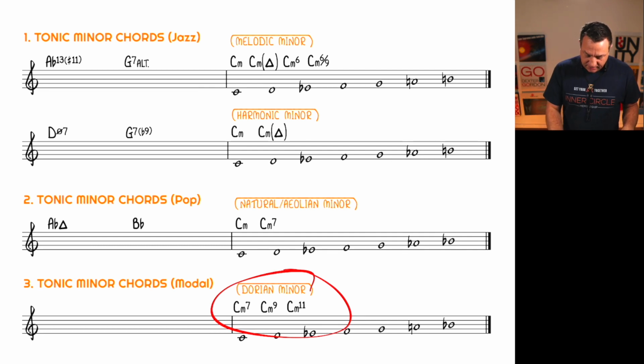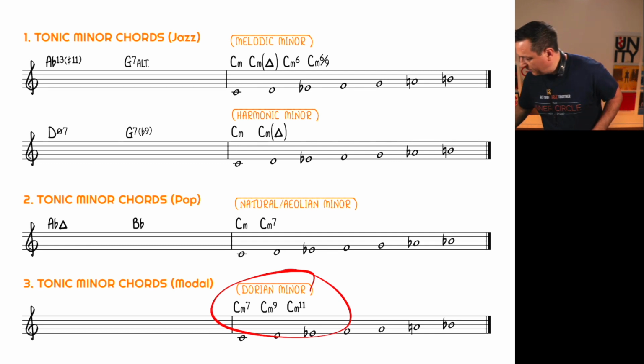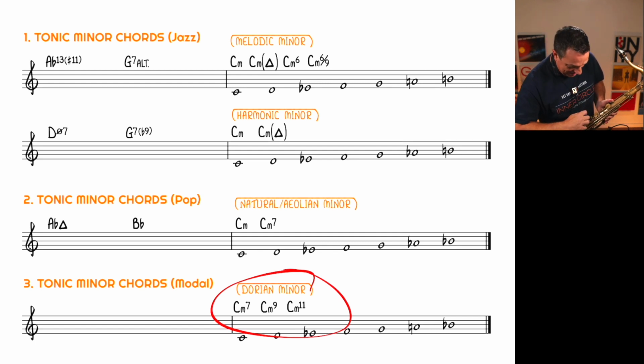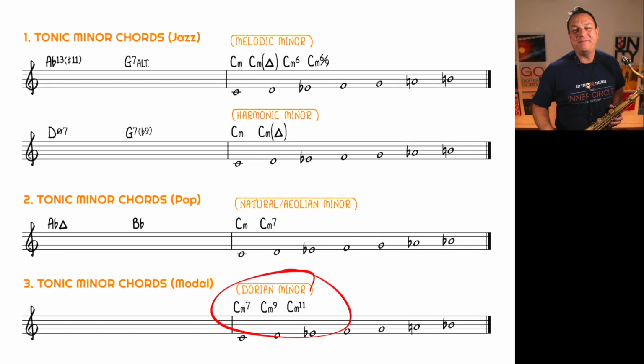So songs like So What have got this kind of sound, this kind of modal sound. And they'll have that natural 6th. And of course, John Coltrane made a career of blowing on a Dorian scale for hours at a time. So that's this kind of sound. Here we go.